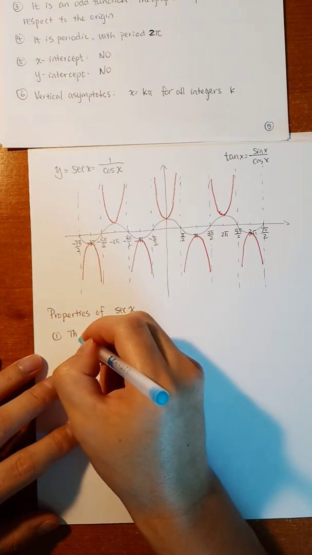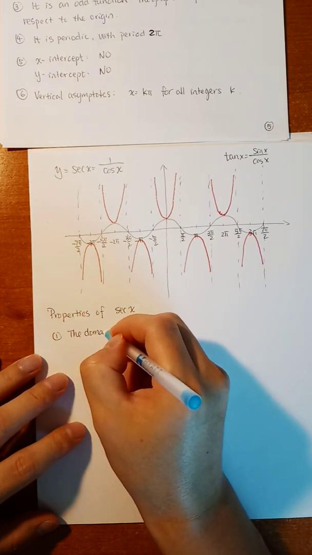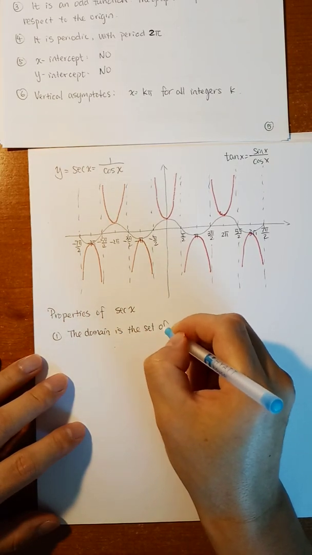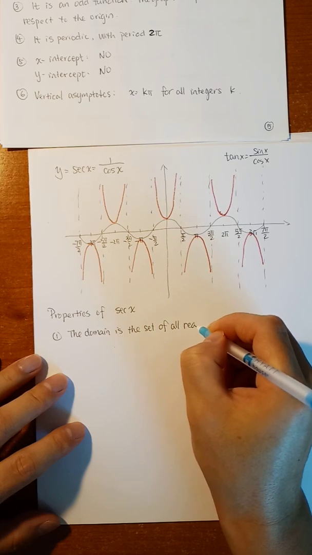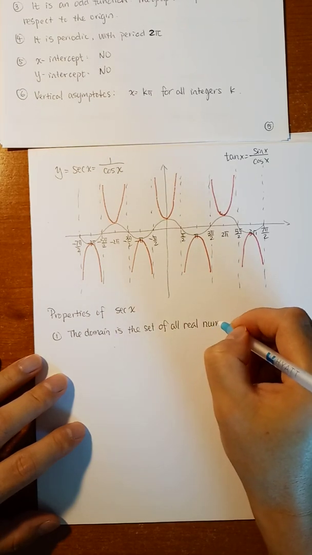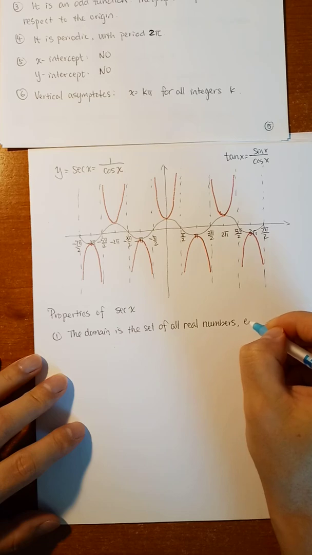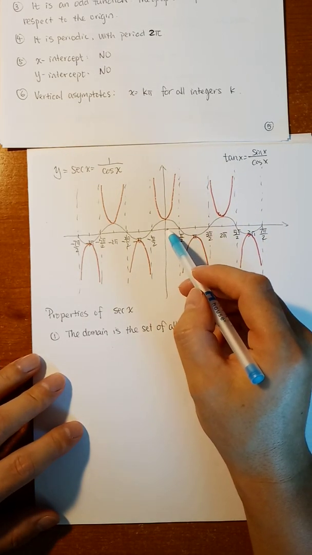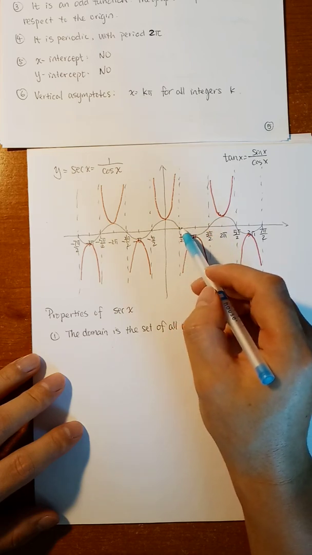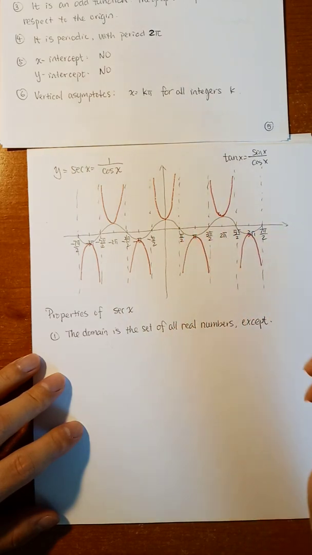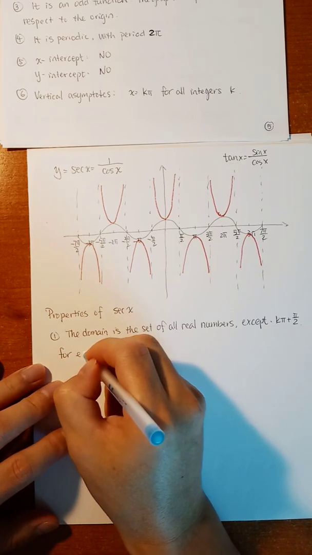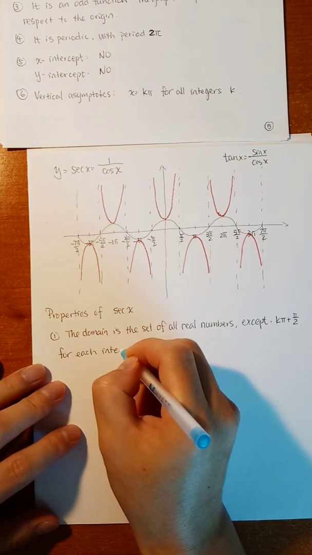First, the domain is the set of all real numbers except what? Whenever I have 0 plus pi over 2, pi plus pi over 2, 2 pi plus pi over 2, except k pi plus pi over 2 for each integer k.